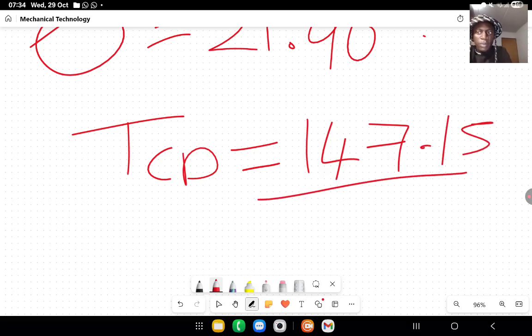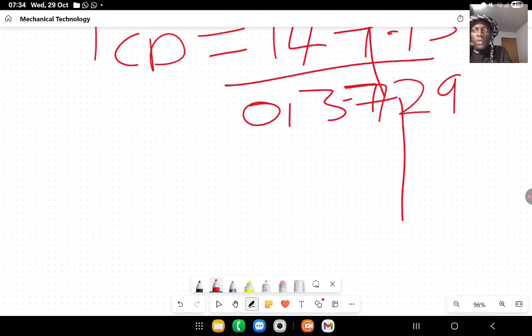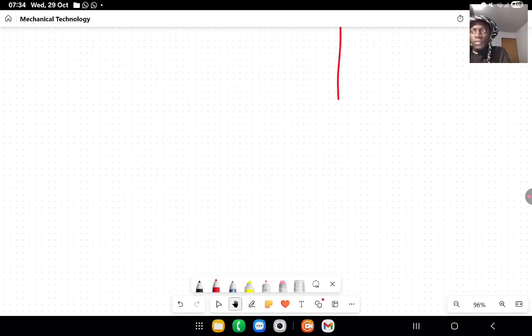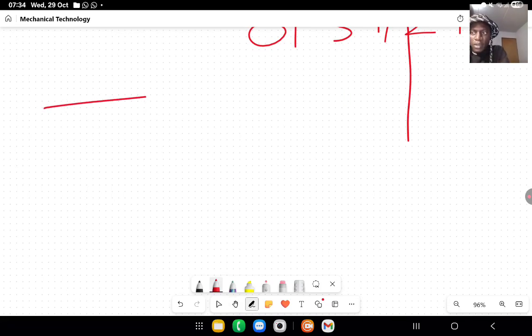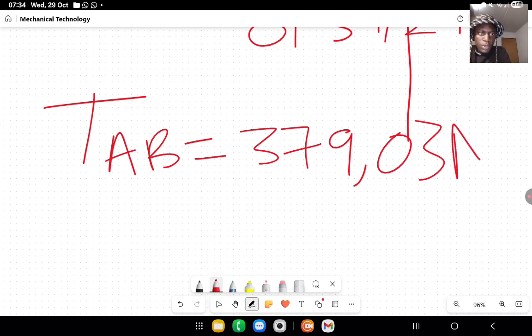Therefore we come here, our TCD is equals to 147.15 divided by 0.3729. Therefore now we are done. Therefore we calculated that our TAB is equals to 379.03 Newton.